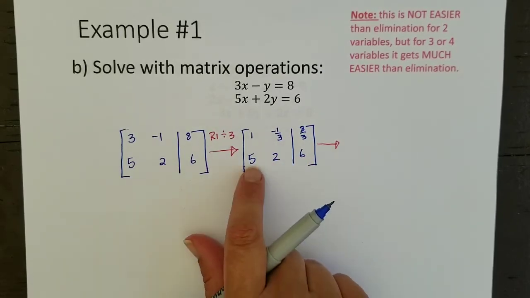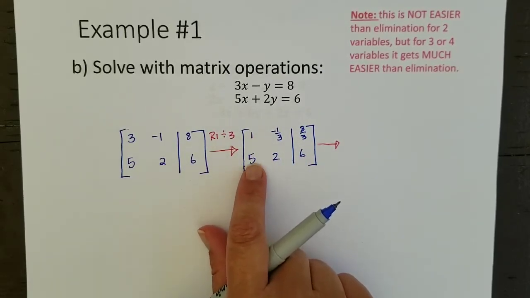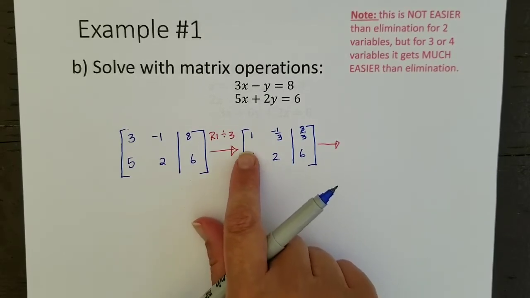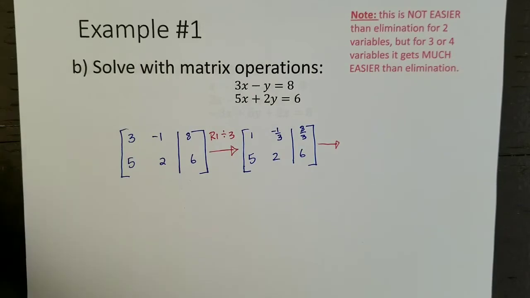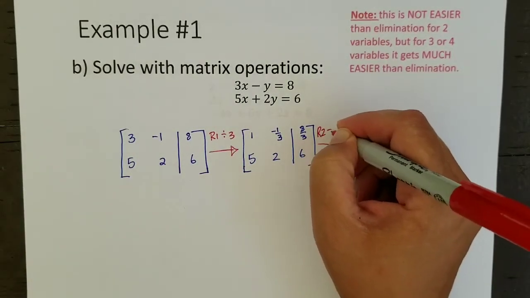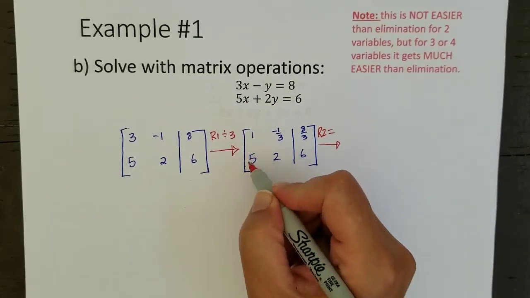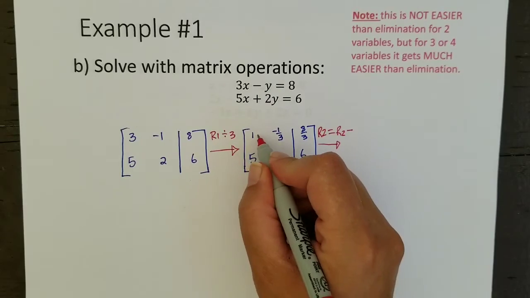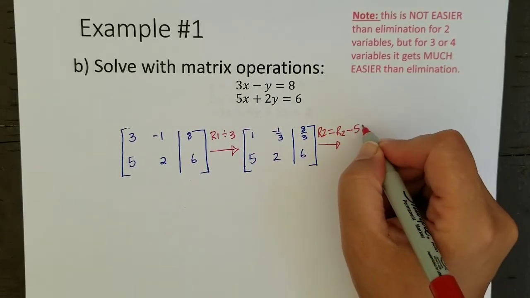So that's a bad plan. I want to add or subtract a different row or a different equation. So I'm going to take row 2 and make it equal to its original self, row 2, minus, I would have to subtract 5 times row 1.